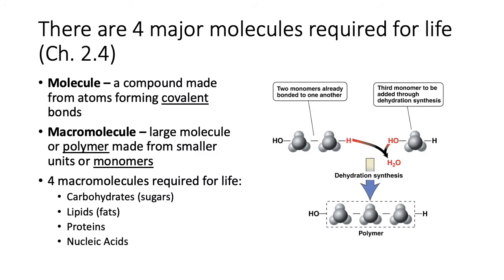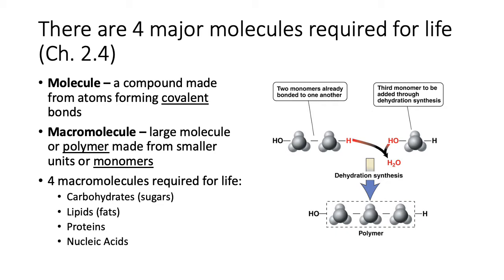So if you remember all the way back to our very first lecture, we talked about how life is composed of 4 key molecules. And we're going to talk now about what those molecules are and how they are formed. So a molecule, by definition, is also a type of compound. Remember, compounds are created when atoms come together and create bonds.